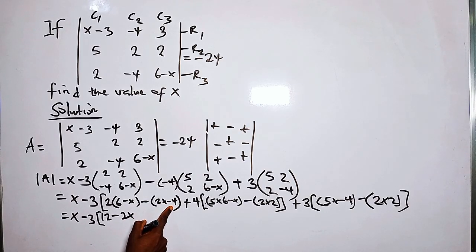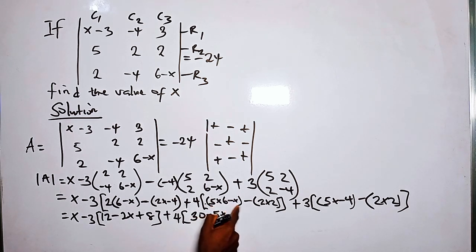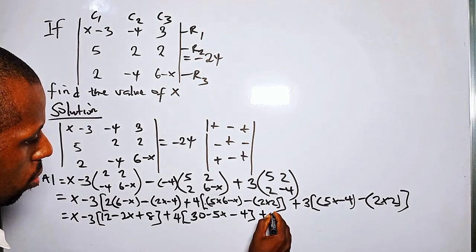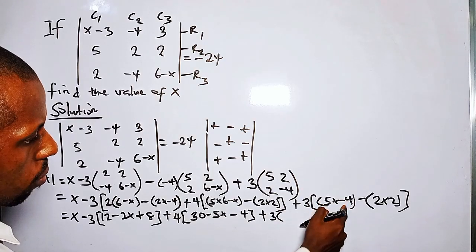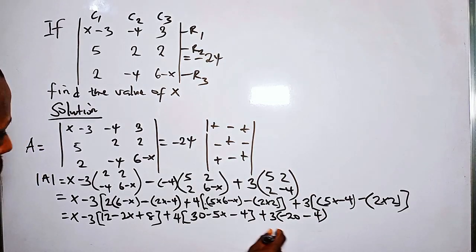For 2 times minus 4, that is minus 8, times this, so we have plus 8, plus 4. Let's sort out the bracket: 5 times 6 minus x, 5 times 6 is 30, 5 times minus x is minus 5x, minus 2 times 2 is 4, plus 3 into 5 times minus 4 is minus 20, minus 2 times 2, which is 4.